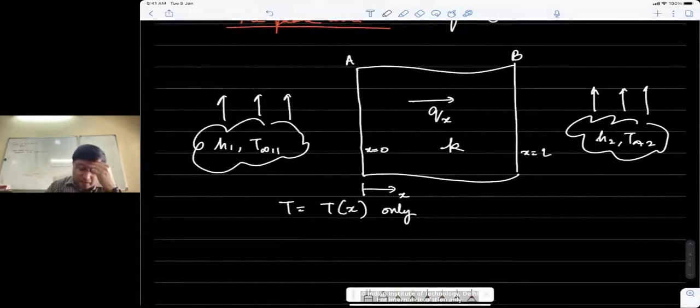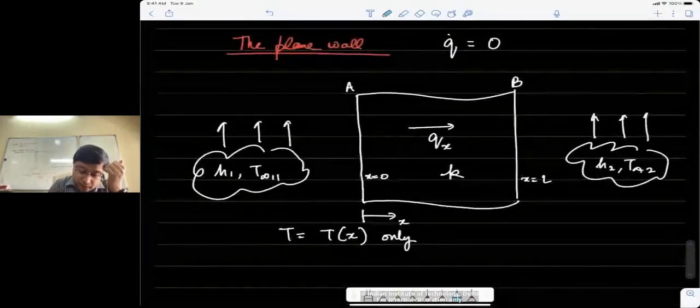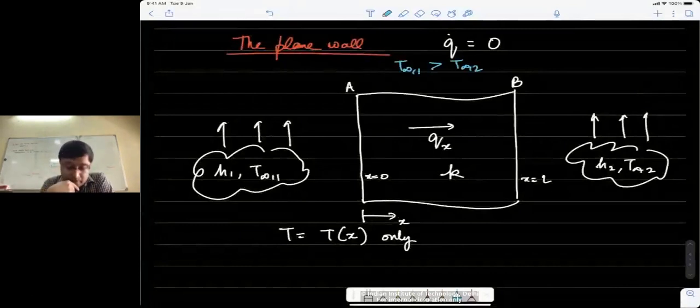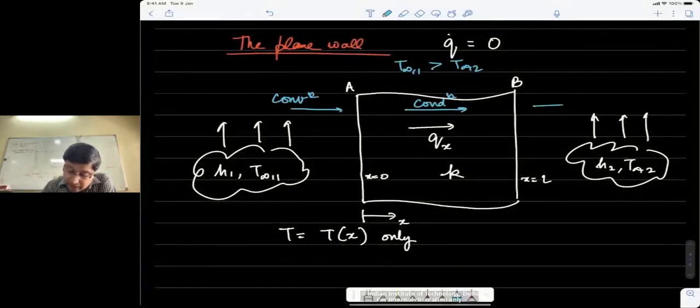So what do we expect physically? Let me explain what would happen. In this case, if T infinity 1 is more than T infinity 2, so the left-hand side fluid is at a higher temperature as compared to the right-hand side fluid, we expect convection heat transfer from the fluid to the solid slab at surface A. There would be conduction through the slab from surface A to B, and then convection heat transfer again from surface B to the neighboring fluid.